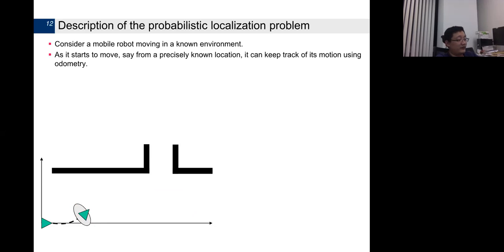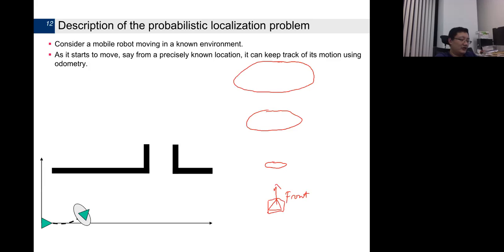Interestingly, in a real robotic application, this Gaussian shape always looks like this. This is the front of the robot, the top view of a real robot. This uncertainty always grows like this.